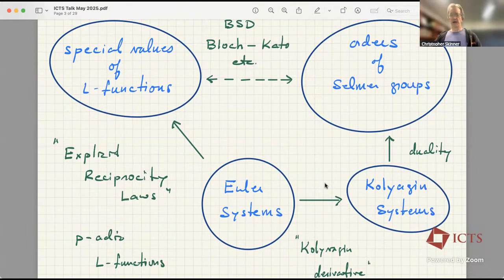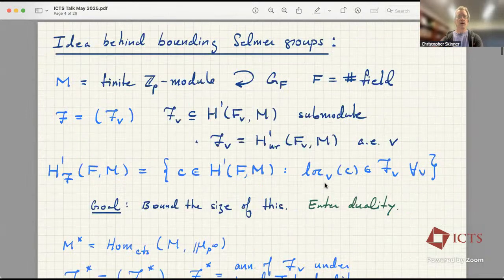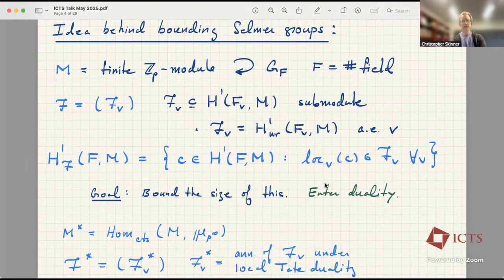So the argument of Kolyvagin using duality takes these Kolyvagin systems and produces the bounds on the orders of Selmer groups. And then to get these Kolyvagin systems, there's a second procedure called the Kolyvagin derivative. I want to spend a little time on these two steps, because they illustrate some of the challenges in producing Euler systems and Kolyvagin bounding Selmer groups.